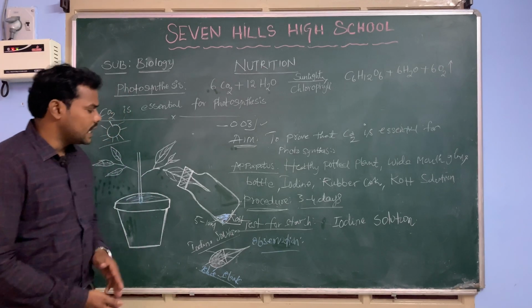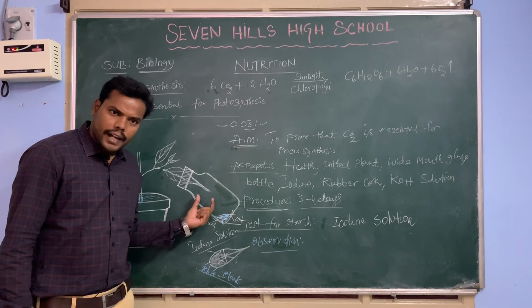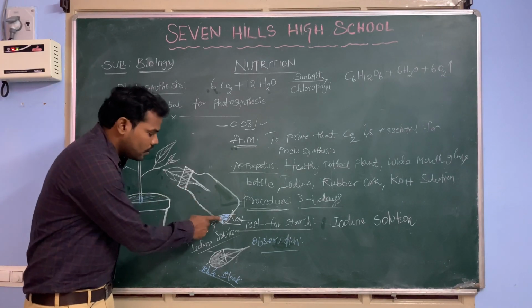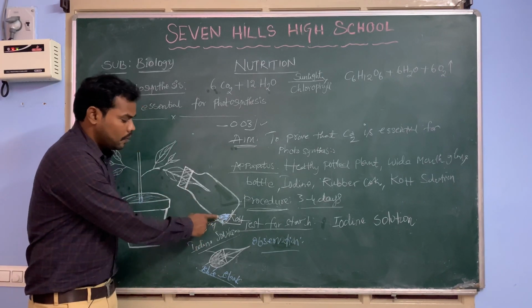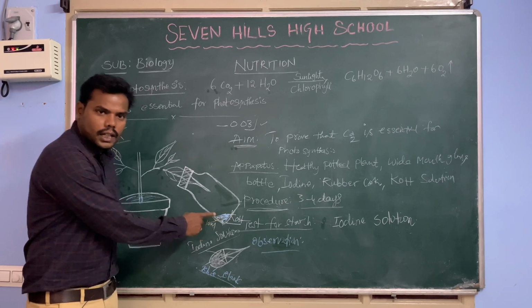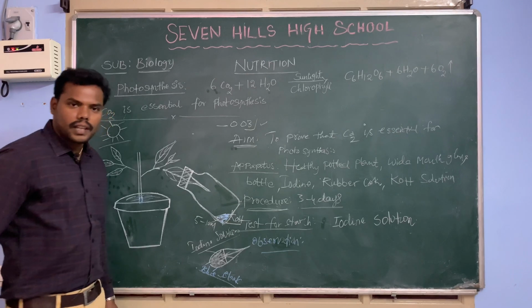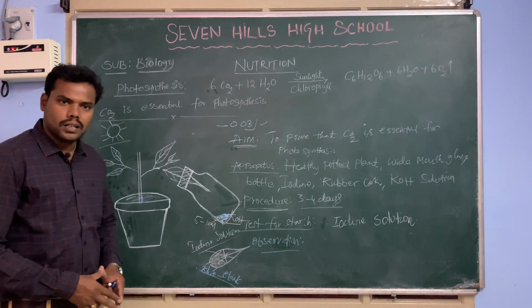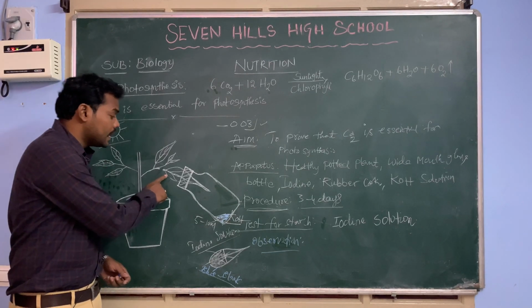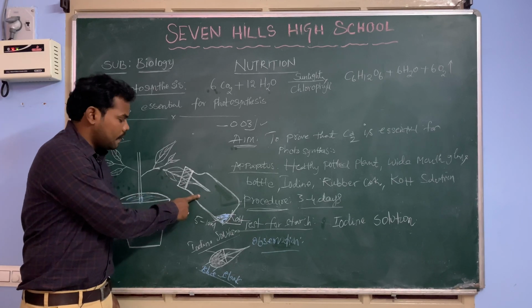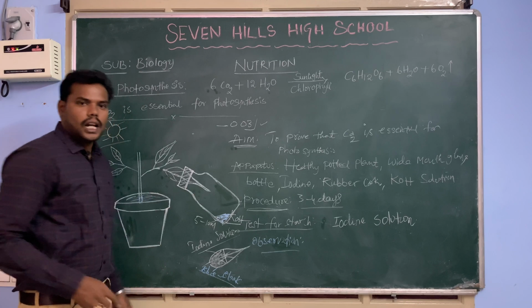Now we take the wide mouthed glass bottle and pour 5 to 10 ml of potassium hydroxide solution into it, and we close it with the rubber cork, and we insert the broad leaf into the wide mouthed glass bottle.